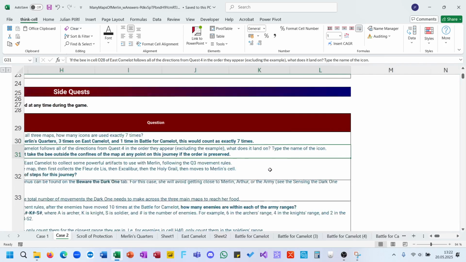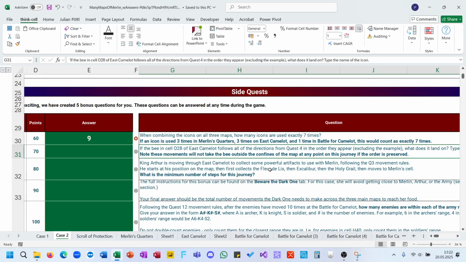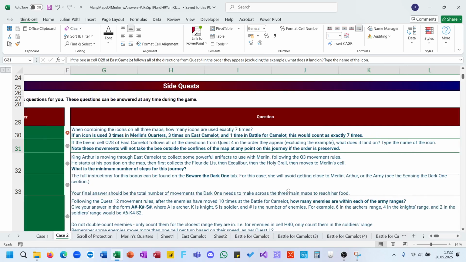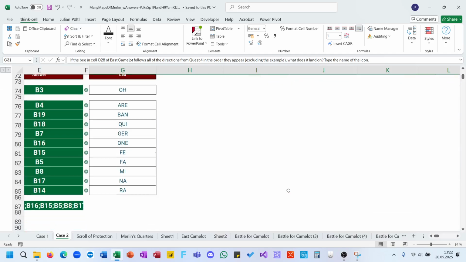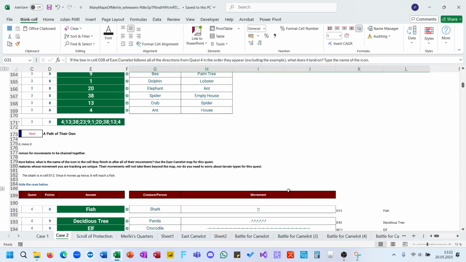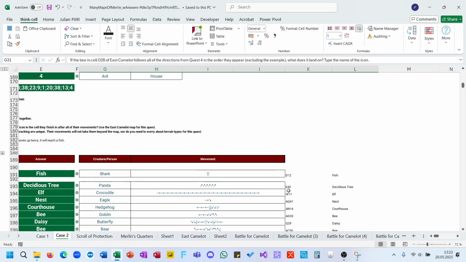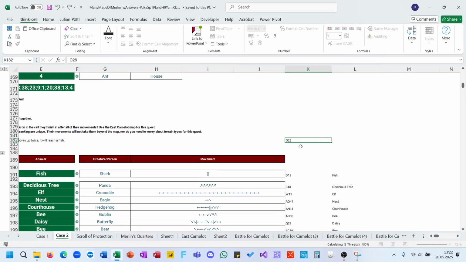If the B in cell O28 follows all movements in quest 4. Okay, O28, all movements in 4, O28.